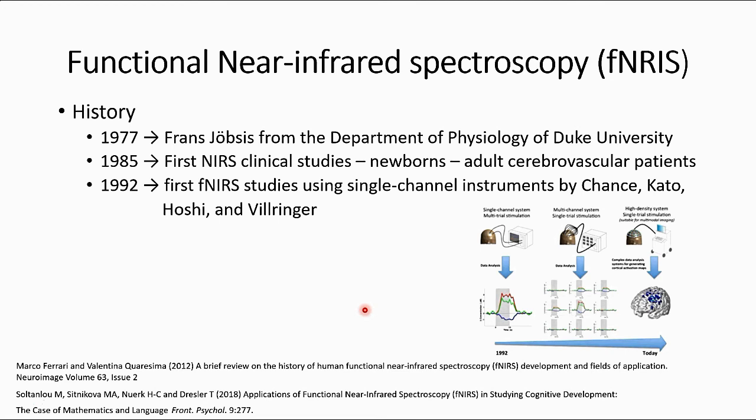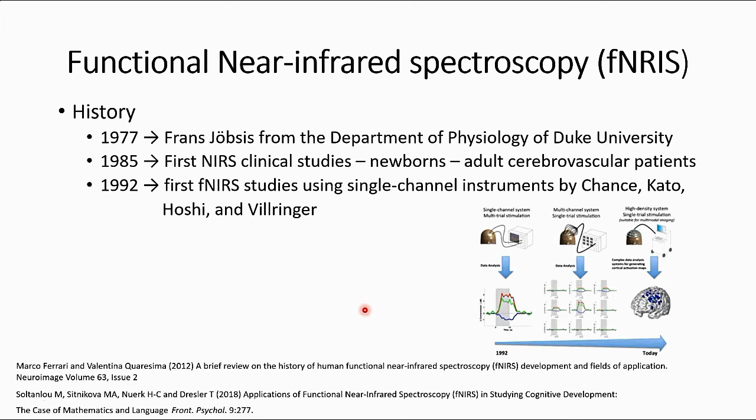In 1992, the first functional near-infrared spectroscopy studies using a single-channel instrument were carried out independently by Chance, Kato, Hoshi, and Wieringer.